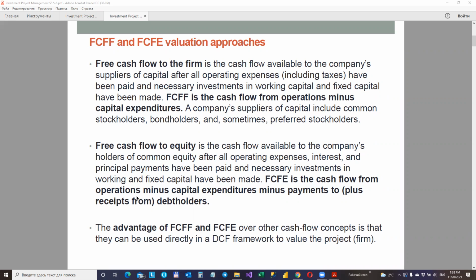In this approach, the analyst estimates unlevered company value by discounting FCFF, under the assumption that there's no debt, at the unlevered cost of equity, the cost of equity given that the firm does not use debt.